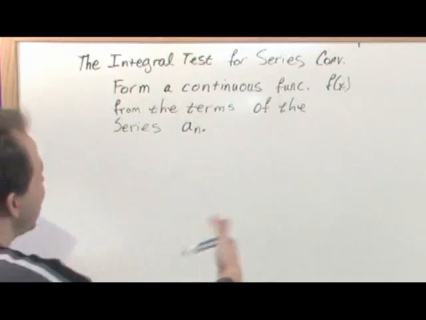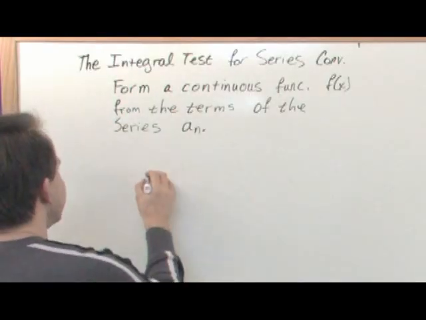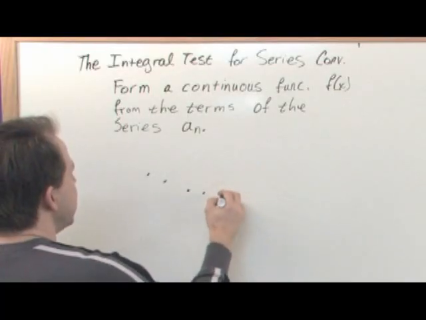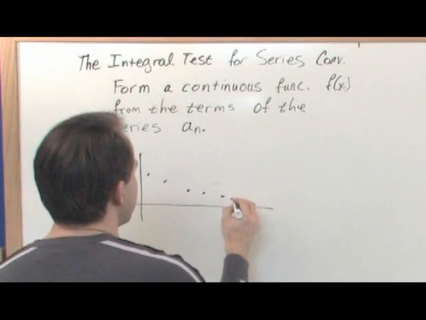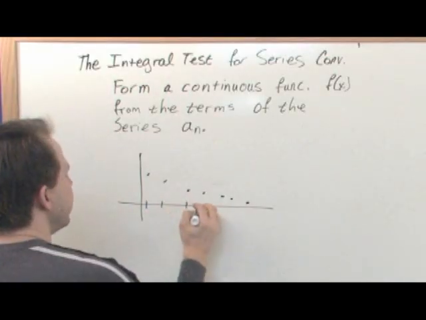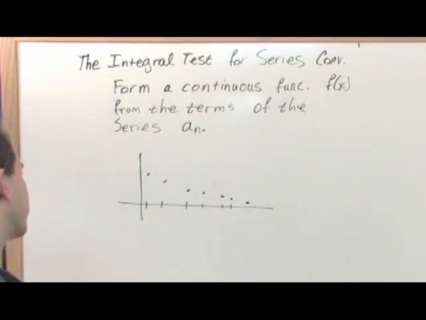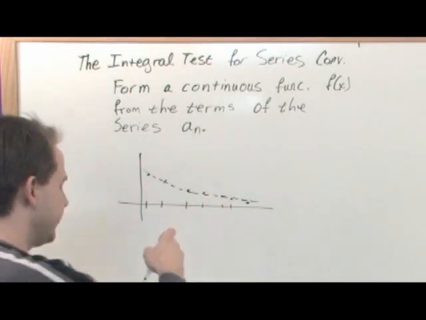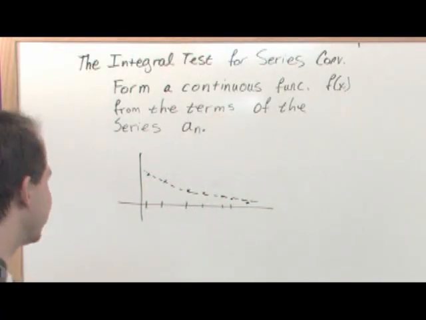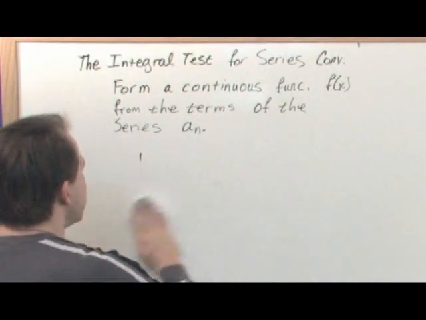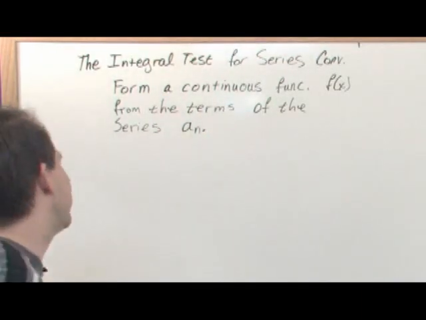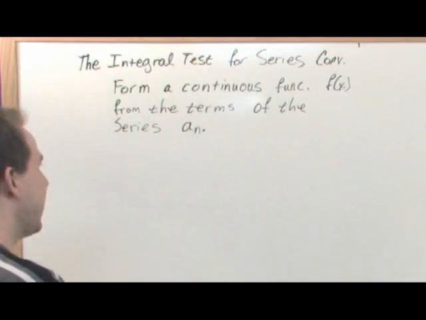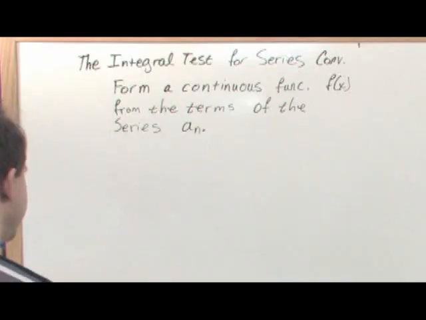For lack of a better word, we're going to pretend that these discrete points that form the series that we're adding together, n equal to 1, 2, 3, 4, 5, and 6, actually form a smooth function. That's all that means. So you don't actually have to do much work there to form a continuous function. You could replace that sentence with: pretend that the elements in your series are actually a smooth continuous function.